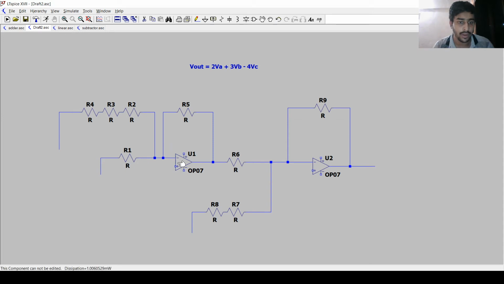Now we will have to apply ground to the non-inverting terminal of the op-amp. So let's apply ground. For that, click on wire, then ground it using ground component to both the op-amps.